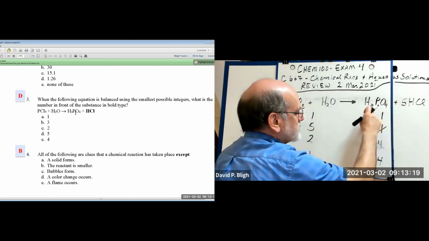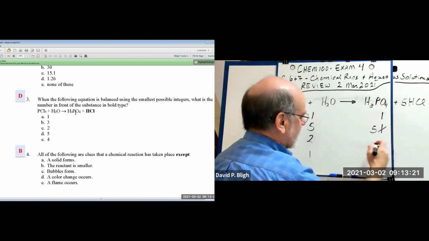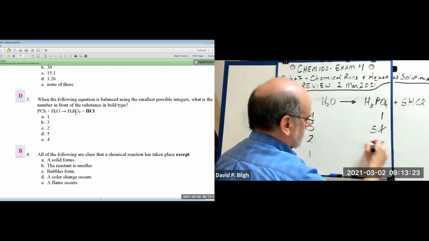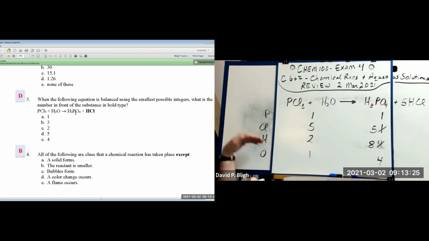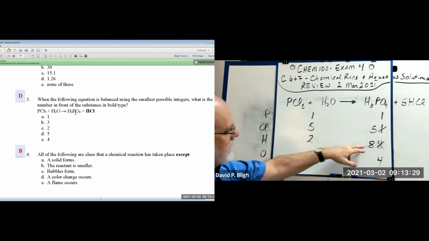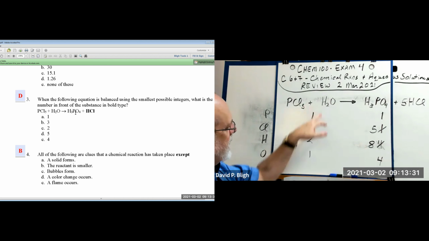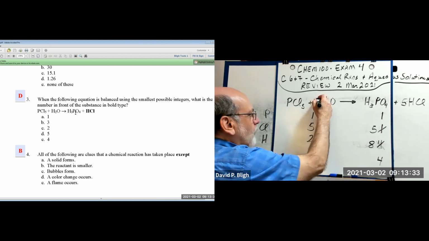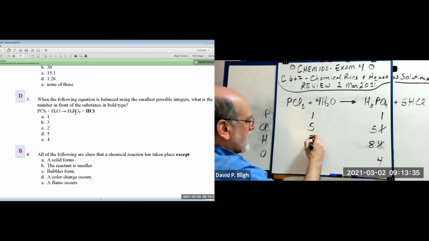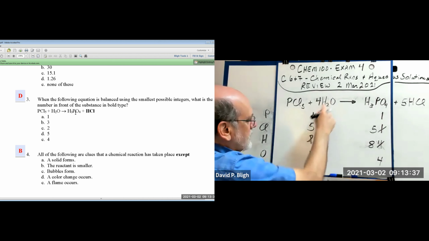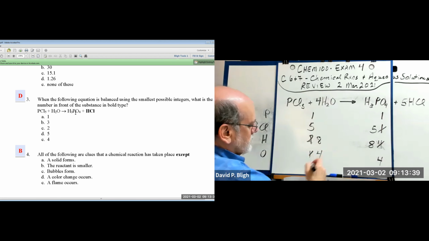And that also changes the hydrogen count. So 5 hydrogens and 3 are 8 hydrogens. Okay. Next one down. We need 8 hydrogens on this side. So if we put a 4 here, that should make 8 hydrogens and 4 oxygens.